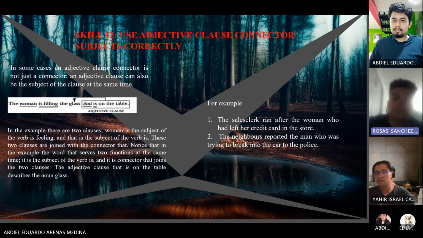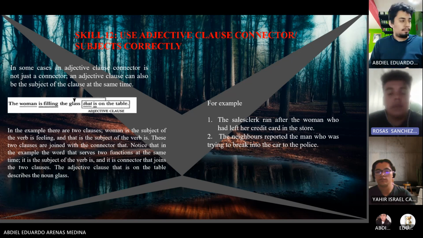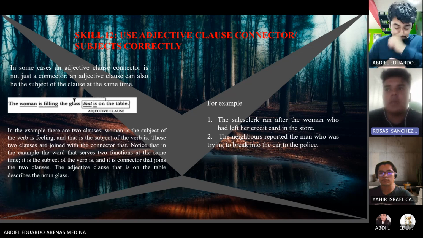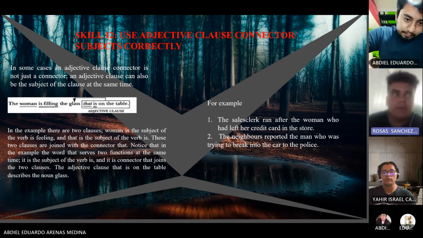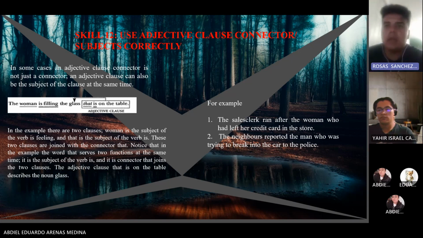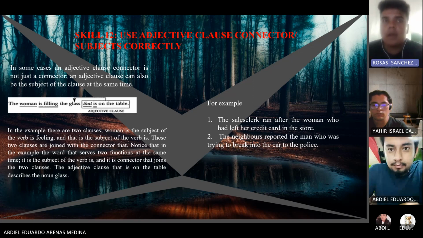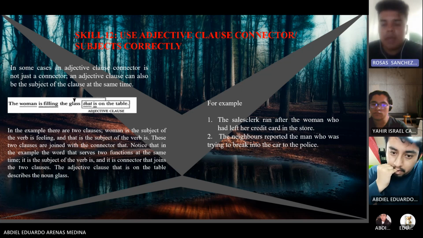Okay, finally, skill 12 is use adjective clause connector subject correctly. In some clauses, the adjective clause connector is not just a connector. It can also be the subject of the clause at the same time.